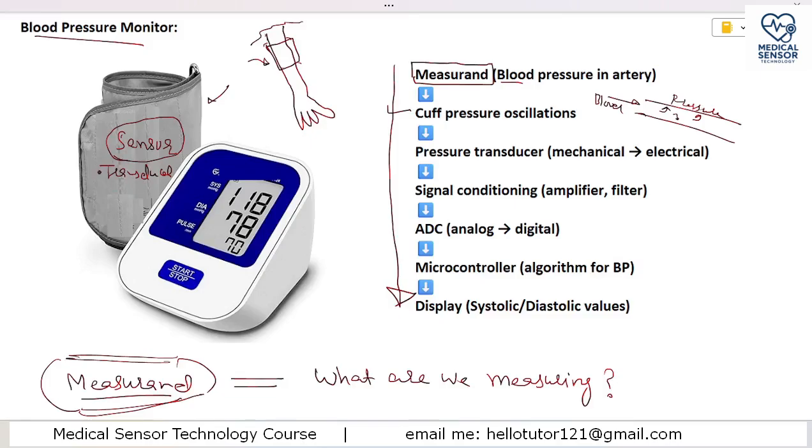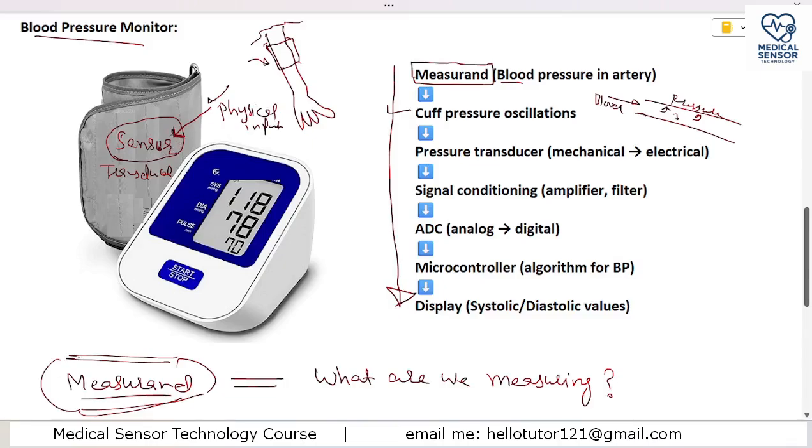The pressure in the arteries is transferred to this cuff. The pressure is a physical input, the blood pressure inside us is a physical input. The sensor detects this physical input and converts it into electrical.